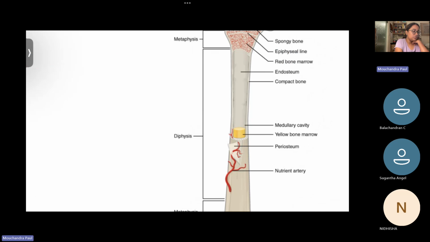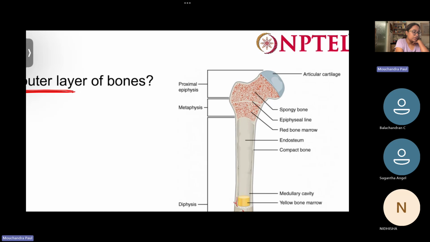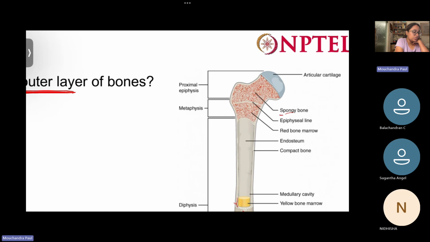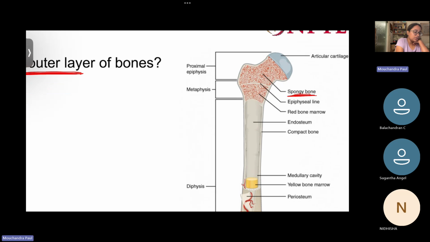Similarly, if you go to this structure, you will see that there is a layer called spongy bone, which is more porous. And if you look closely, encasing the spongy bone, there is a relatively less spongy, relatively more hard layer of bone that is called compact bone.